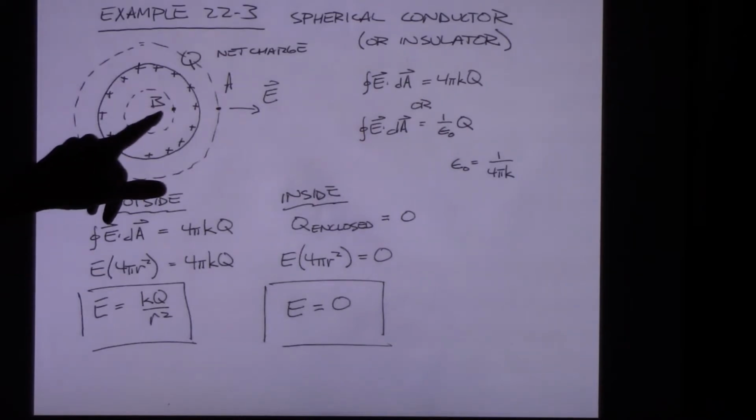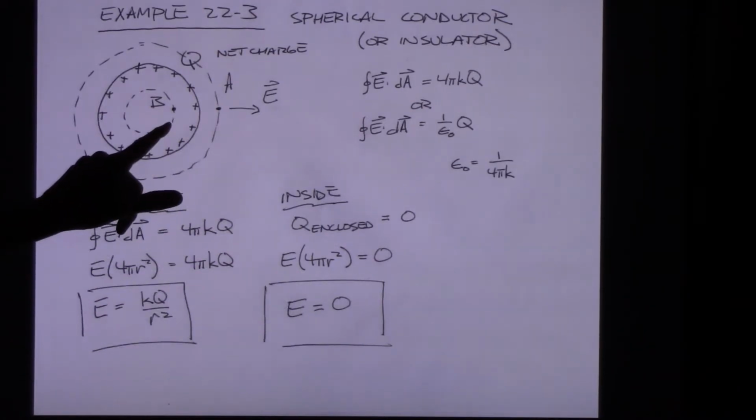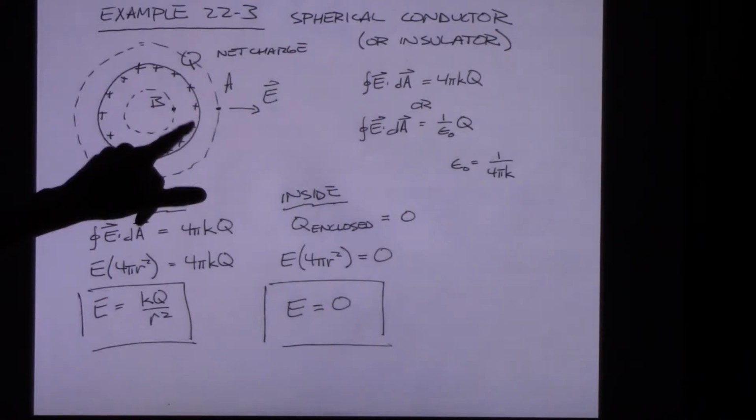What's happening, let's take a place like point B. Gauss's law tells us the electric field is 0. Well, I can see that point B is next to this charge, and this one, and this one, and this one.